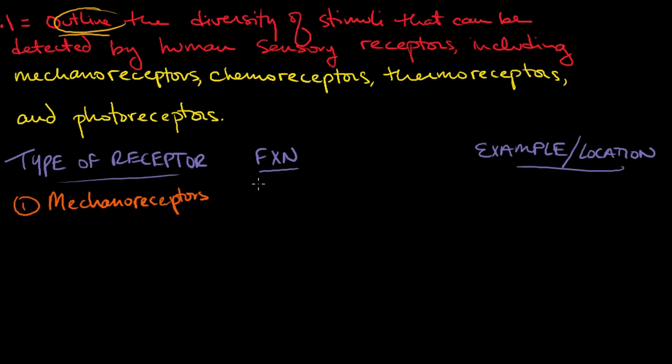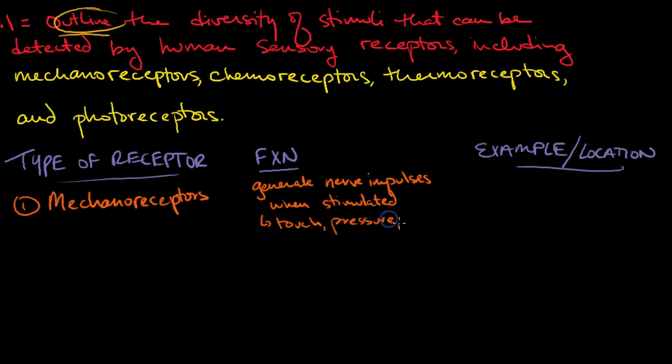But we're going to go ahead and write that here. Generate nerve impulses or action potentials when stimulated. And that stimulation may come in the form of touch, pressure, stretch, or balance.